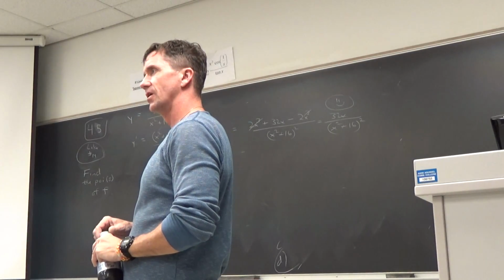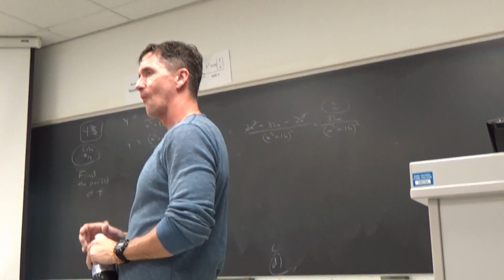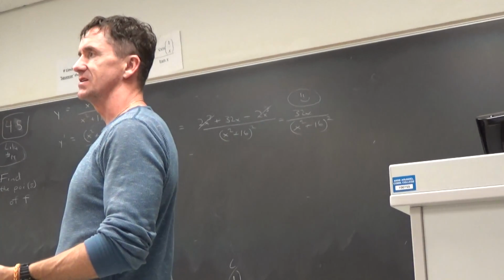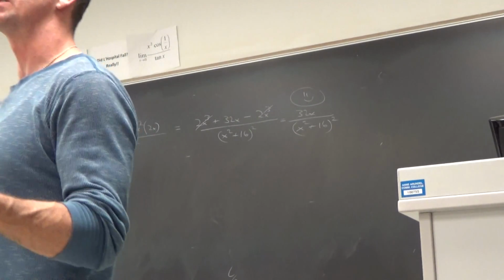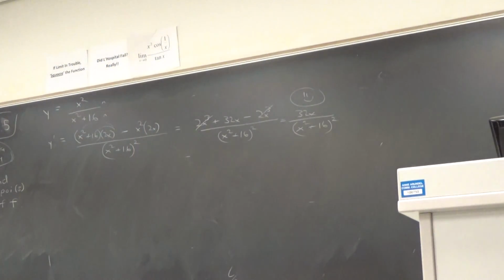So far, so good. Points of inflection, that's where the second derivative is equal to 0 and the second derivative changes sign. So I now have to go to what? Second derivative. All right, we're gonna take this slow, huh?